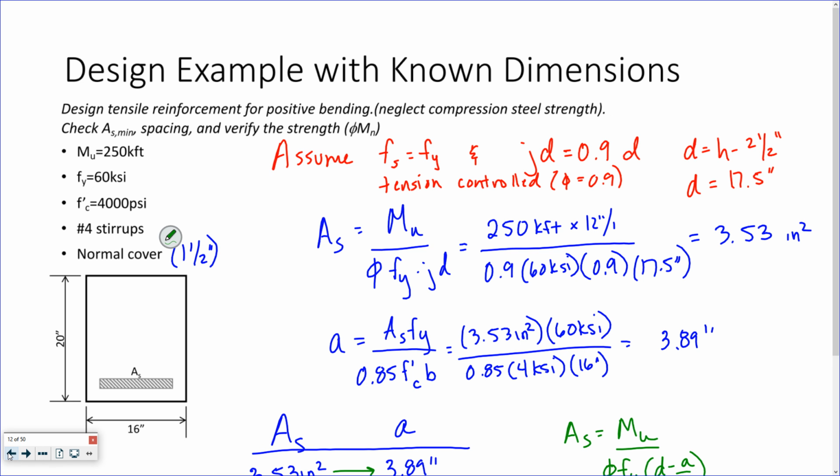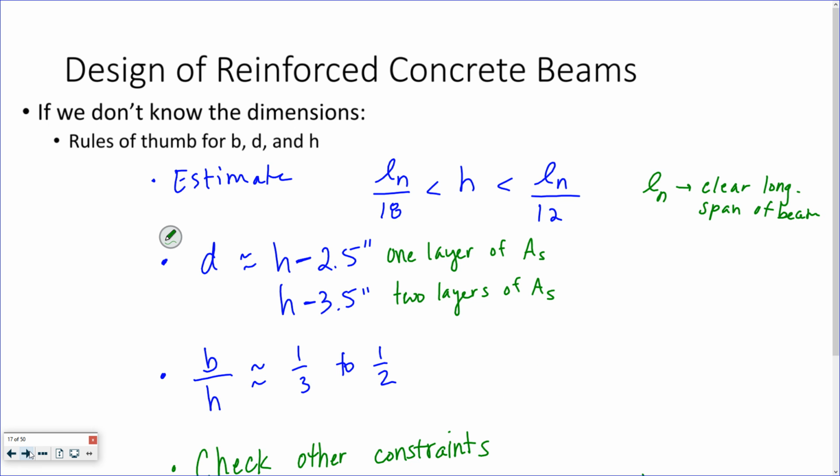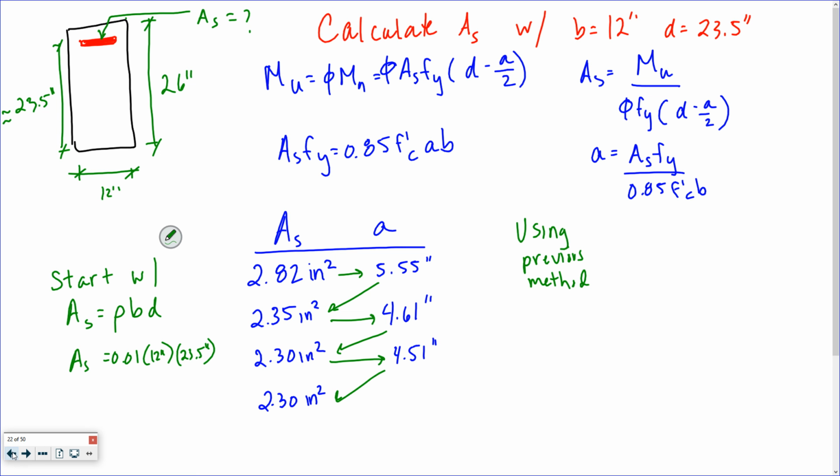If I had started with an estimate of JD, AS equals MU over phi FY times JD. It actually starts me off with a really nice answer already.